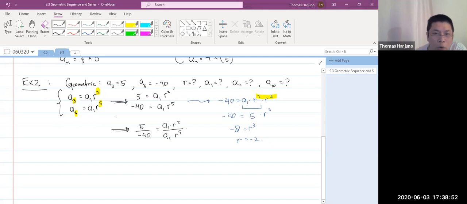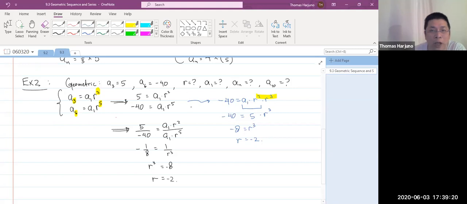So I get negative 1/8 equals 1 over r cubed. So r cubed equals negative 8, r equals negative 2. You can use either one of them.